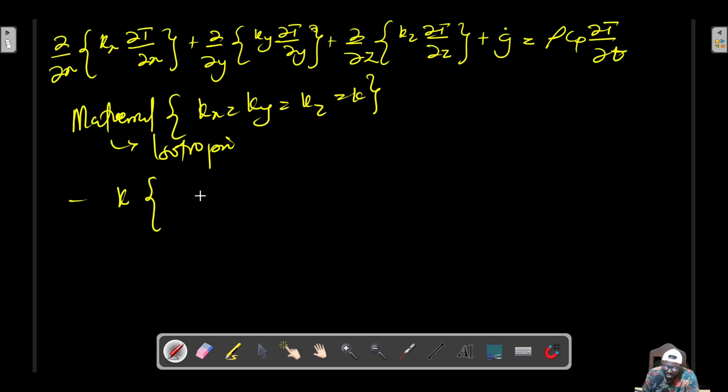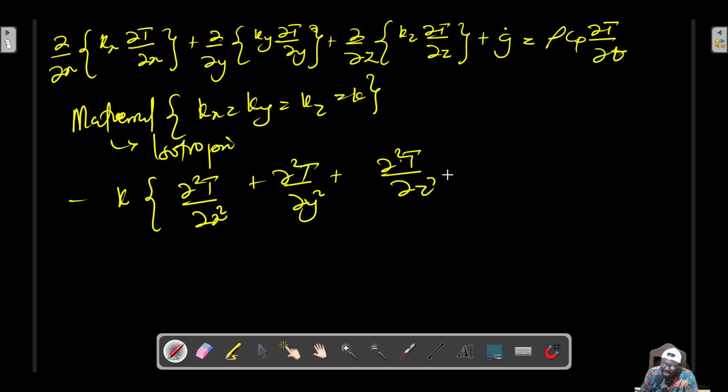Then we ended up with del squared T del X squared plus del squared T del Y squared plus del squared T del Z squared, plus G dot is equal to rho Cp del T del small t.